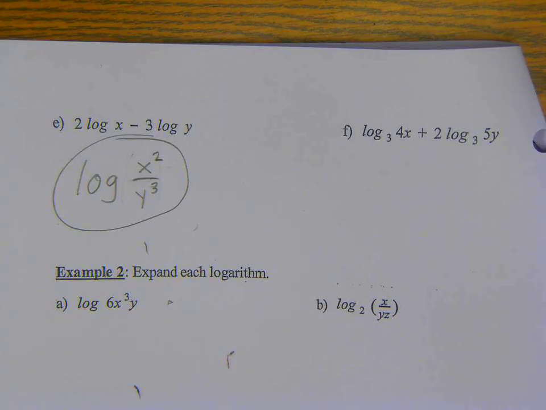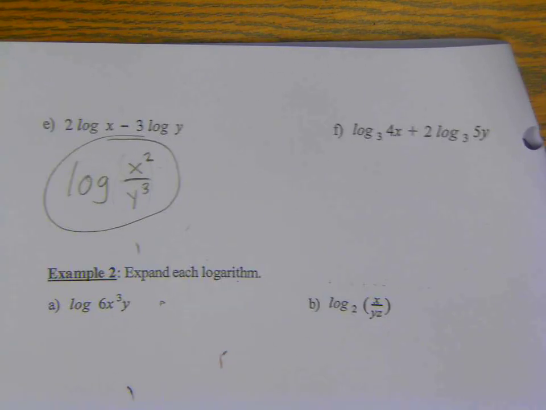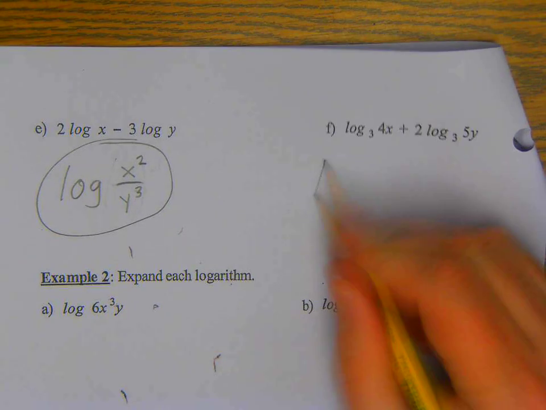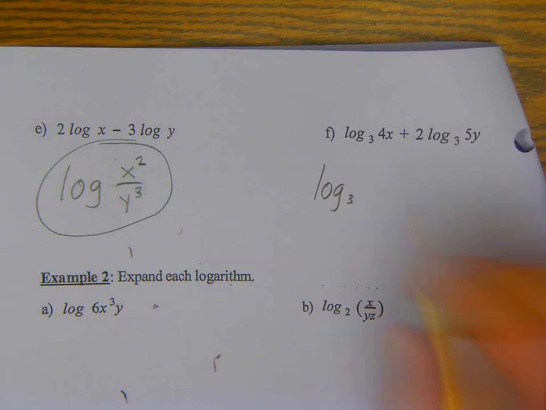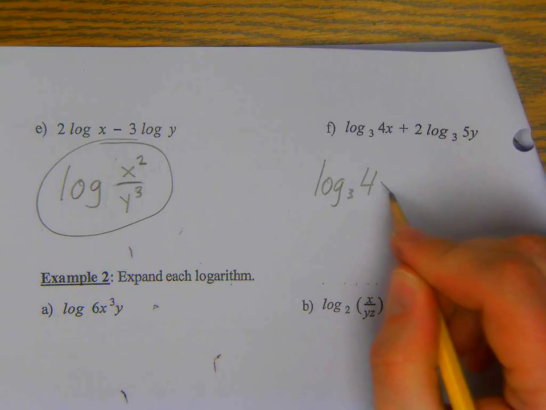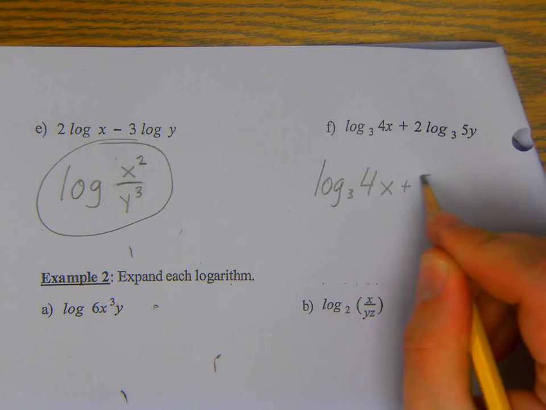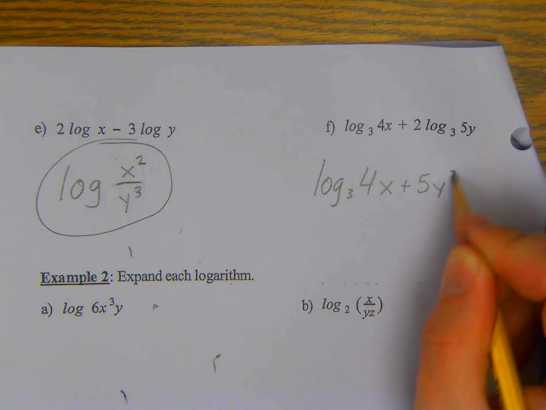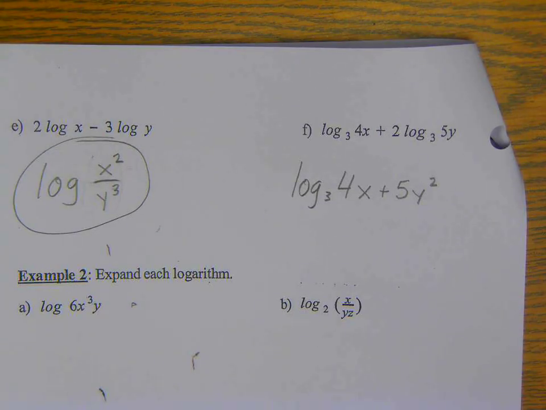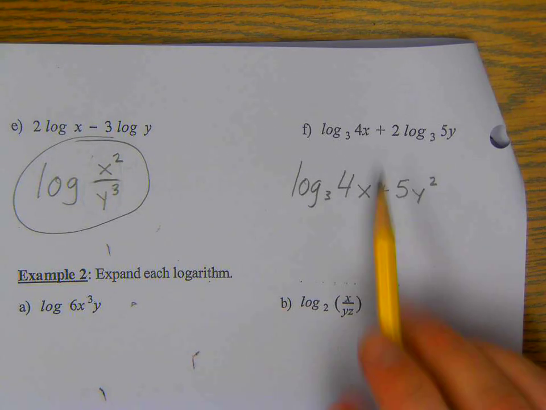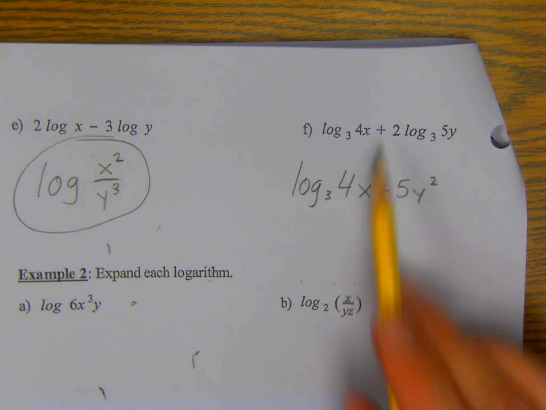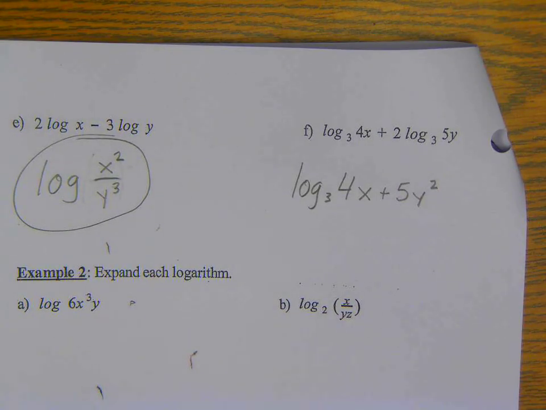All right, how about number 13, F? Is that how you wrote it? So, first of all, when you're adding together, you put it together with multiplying, right?